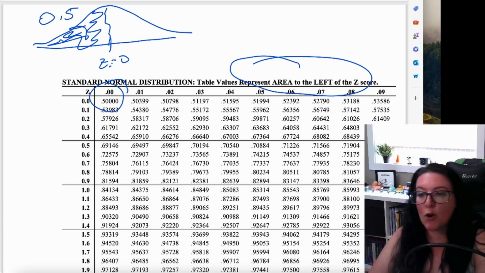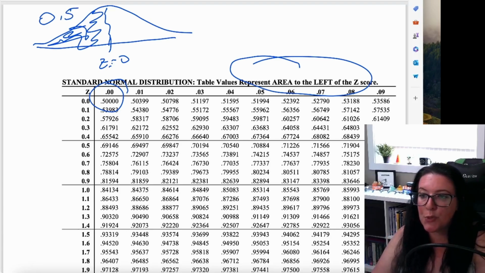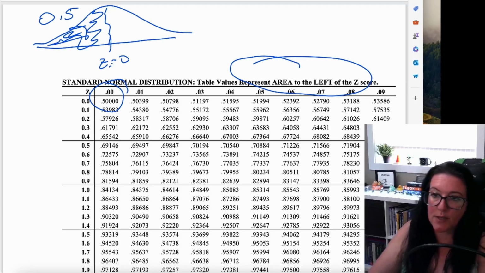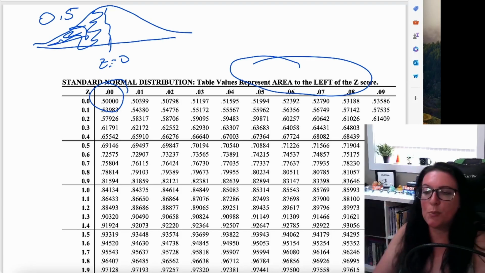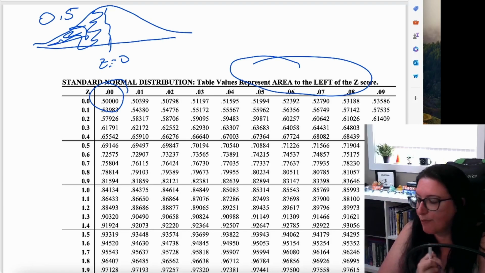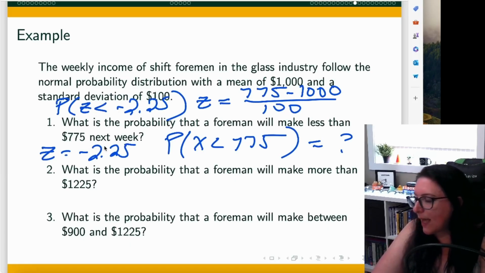Sometimes when you find standard normal tables, they won't do area to the left, they will do area to the center, and so then you have to add the extra. This would then say 0, and you would have to add the 50% if you wanted to go fully to the left. So be very careful about when you find your z-score table, if you're using one, how it is reporting the information.